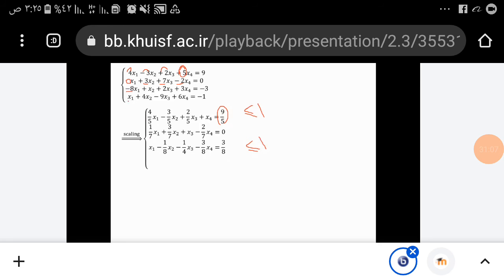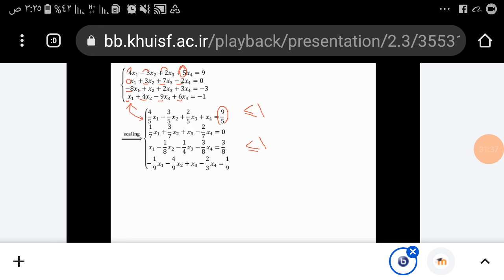And finally, for the fourth row, we have 1, 4, minus 9, 6. Dividing by minus 9, we have this equation. Okay, we have a system that has the same solution as the first one.